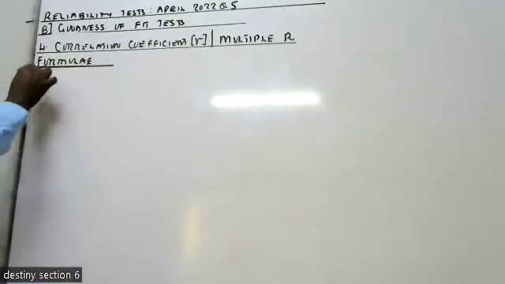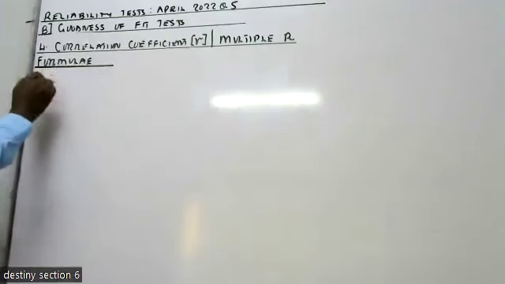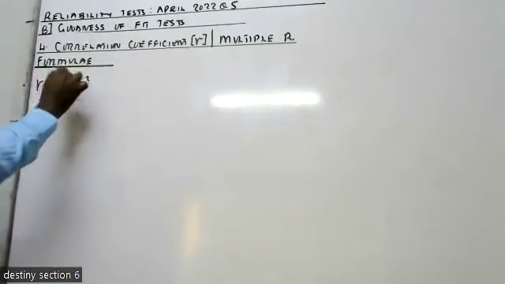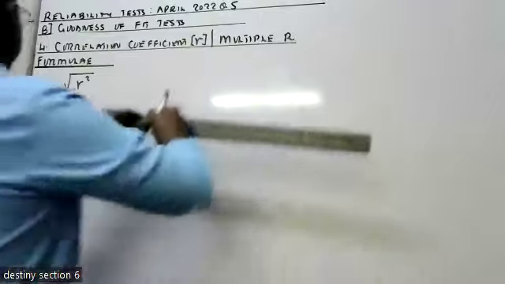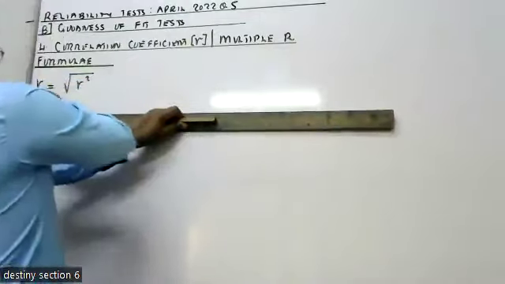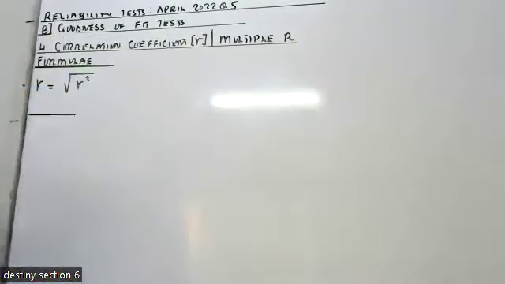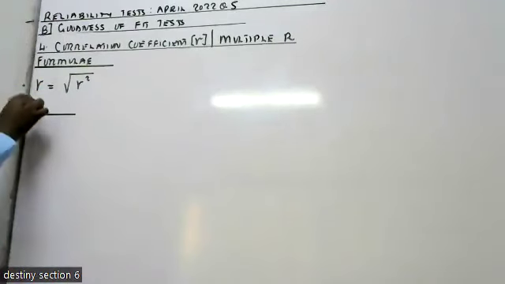Now R is simply given as the square root of R squared. We already have got an R squared. So the formula is like that.